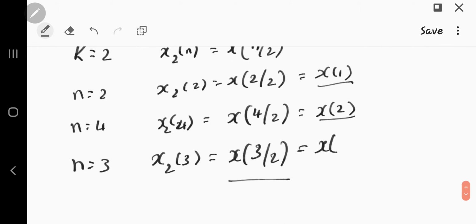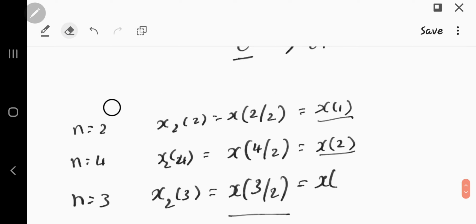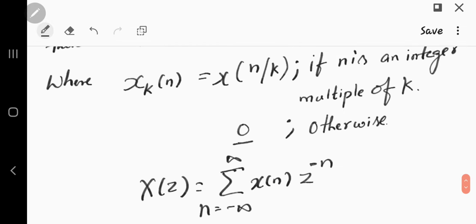So based on this fact, what I have written, we can conclude it in this way: x of z is equal to summation n is equal to minus infinity to plus infinity x of n z to the power of minus n.